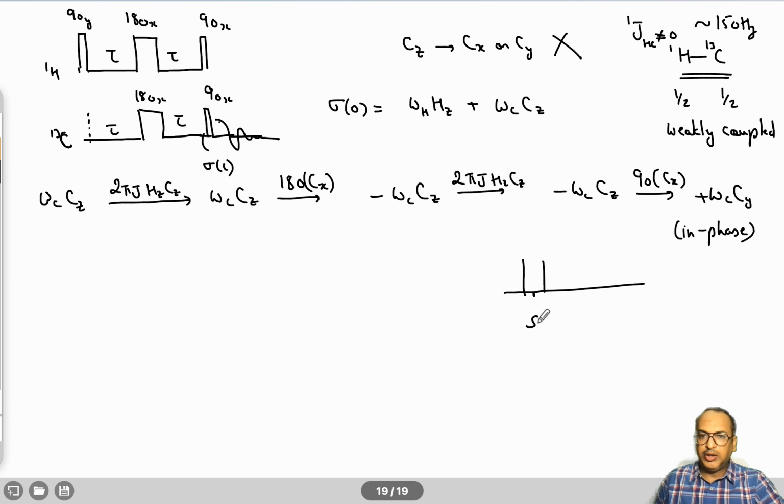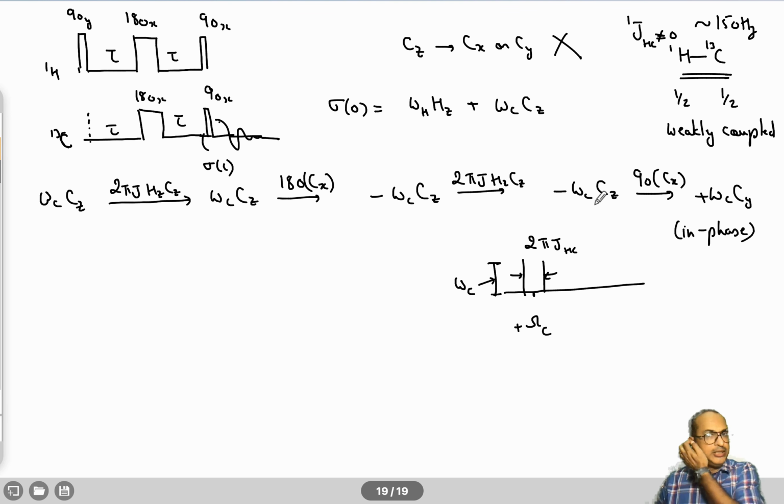So you will get omega c, at plus omega c, this value will be 2 pi j Hc, and this height will be proportional to omega c, because that is what is coming in the density operator, right?